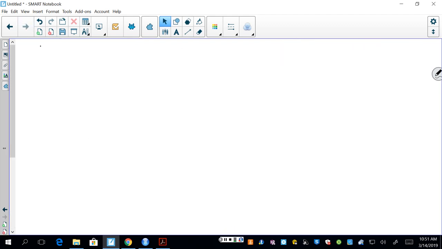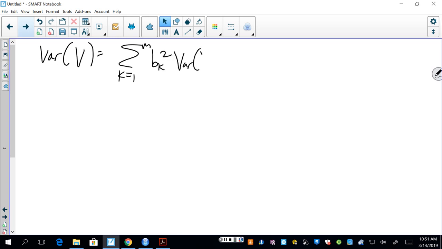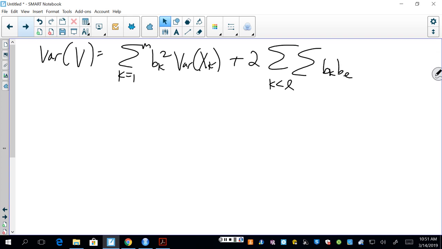So it turns out that the variance of that V combination, so I use k going from 1 to m, there'd be a V sub k squared, and then a variance of a particular x value, plus 2 times the cases where k is different. There's a V sub k, V sub l times covariance.